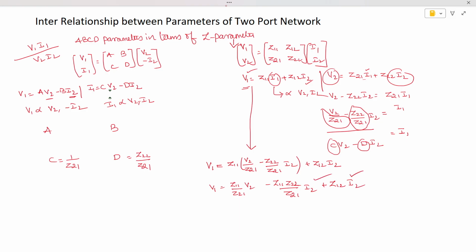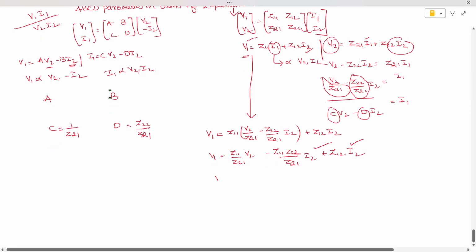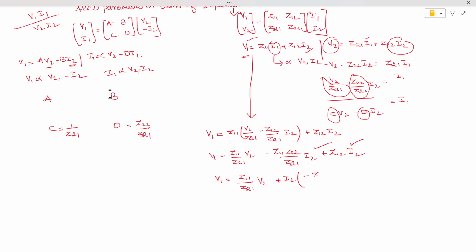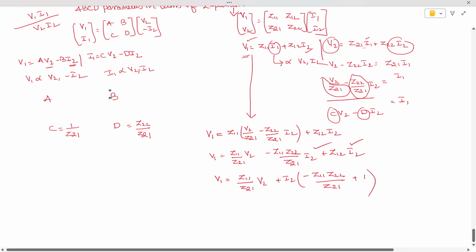Take I2 as a common term here. Therefore, V1 is equal to Z11 by Z21 V2, and with I2 common, we have minus Z11 Z22 divided by Z21 plus Z12.